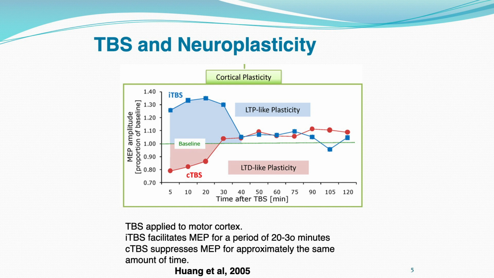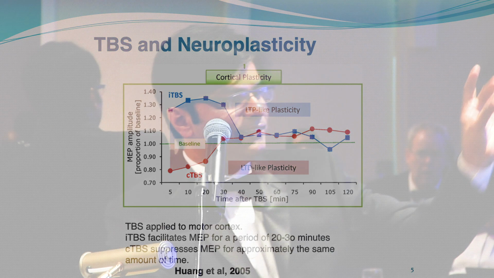So this duration of suppression to CTBS is an index of long-term depression, and the duration of facilitation of thumb movement to ITBS is an index of long-term potentiation. I hope it's making sense. This is a very innovative way to study neuroplasticity in the brain.